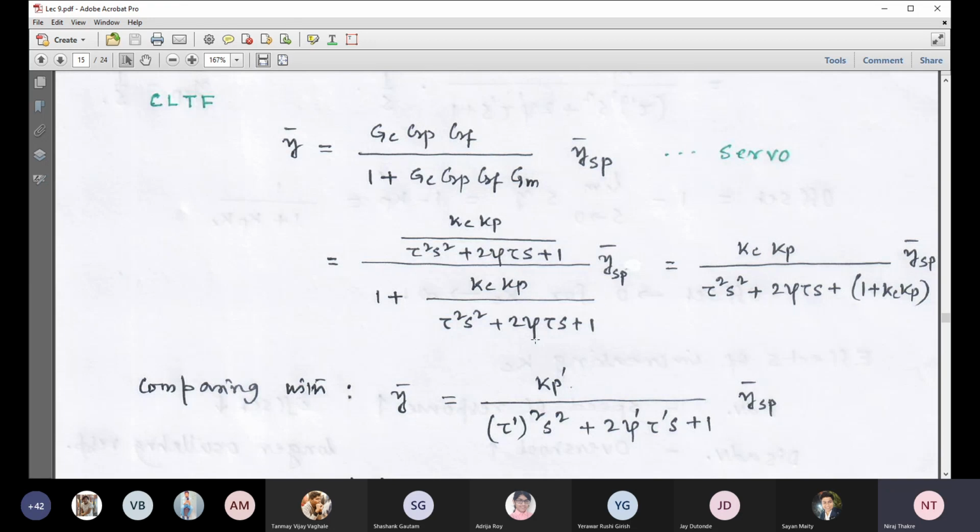Can you tell me the expression for Kp prime, tau prime and zeta prime?